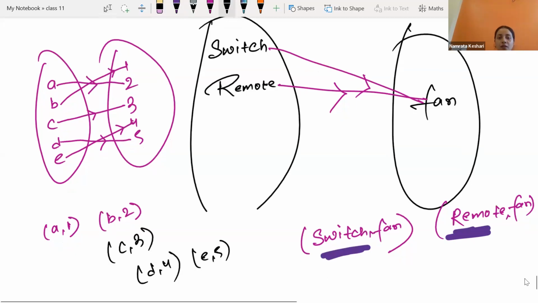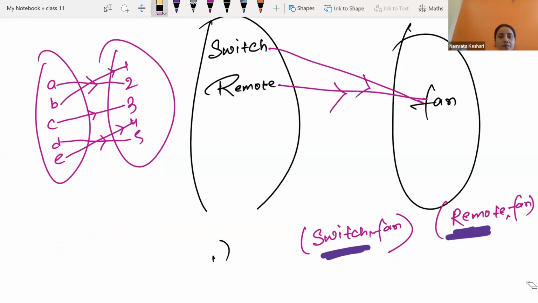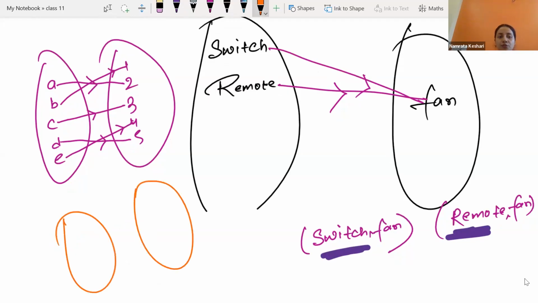If you have 3, 4, 5, and 3 is related to 9, 3 is related to -9, maybe like that, and 4 is related to 16, 4 is related to -16, like that.